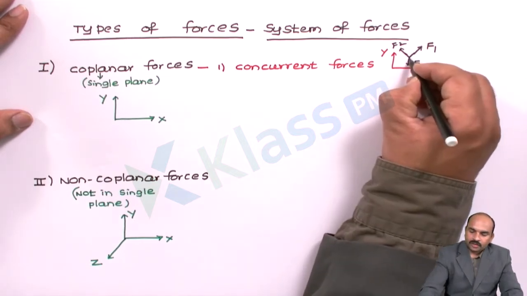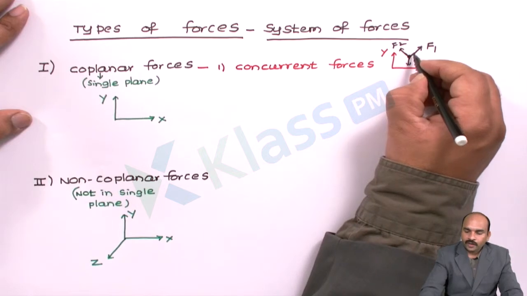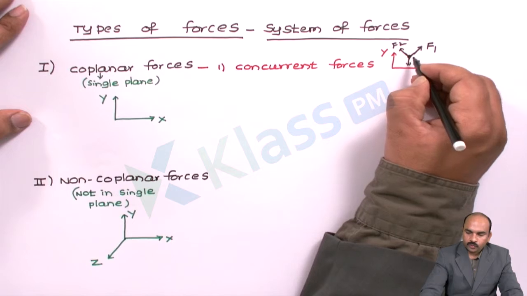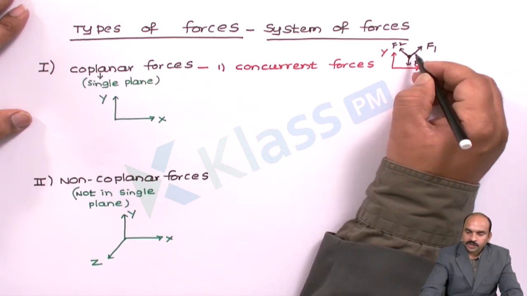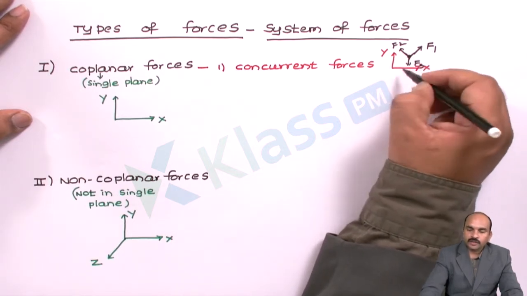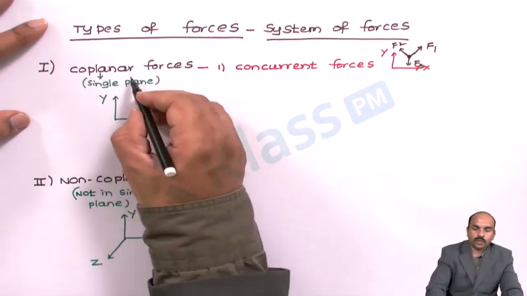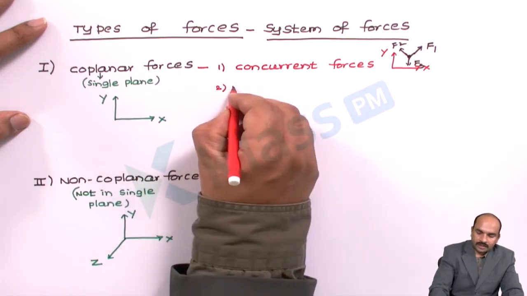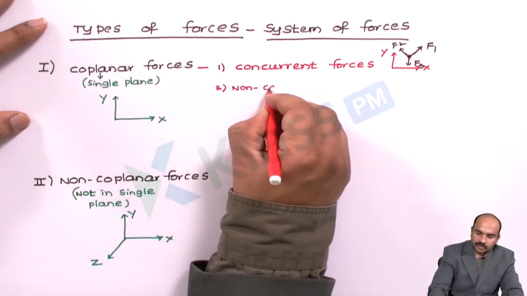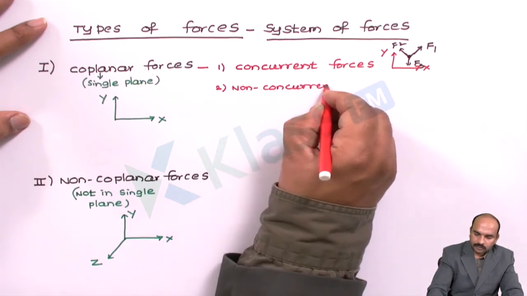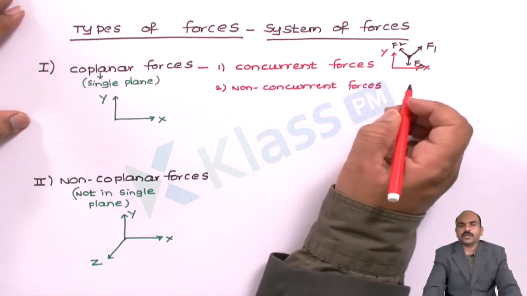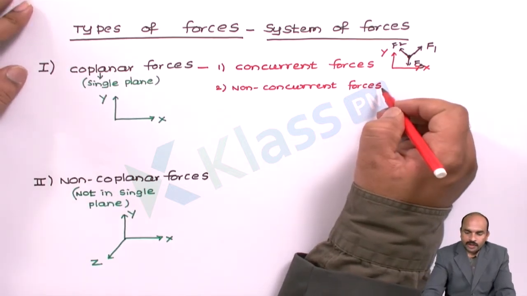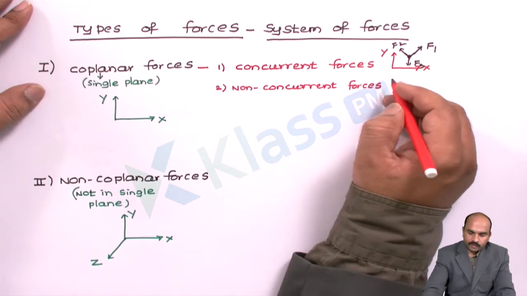By extending the line of action of all the forces, if they are meeting at a common point, we say these are concurrent forces, and all the forces are in the same plane. That's why we say coplanar concurrent forces. Number 2, coplanar non-concurrent forces means the forces are in the same plane, but they are not meeting at a common point. Then we say non-concurrent forces.